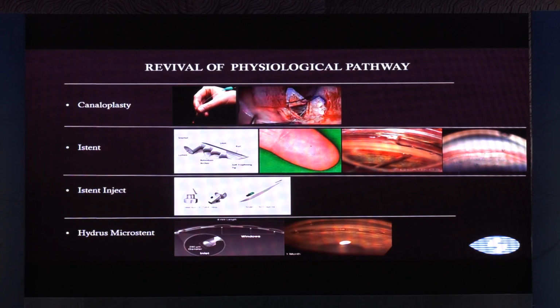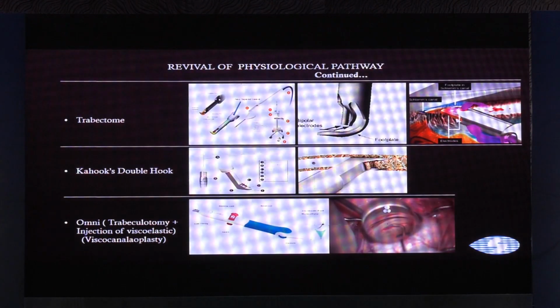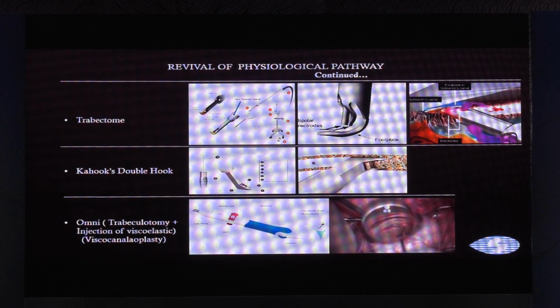From the 6 o'clock position, you come to the 12 o'clock and put it. iStent inject is another procedure which is coming up, along with the Hydrus microstent, Trabectome, and the Kahook dual blade. I think Dr. Parul Soni will be talking about these procedures more.